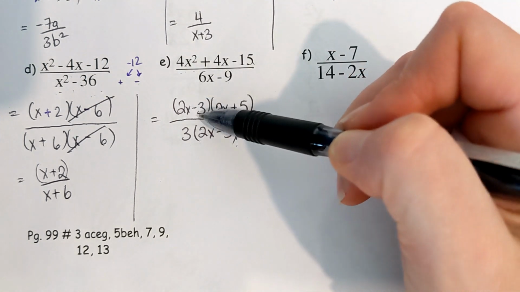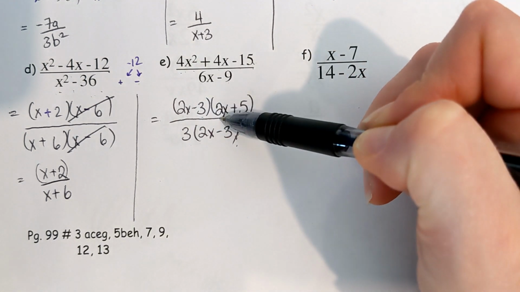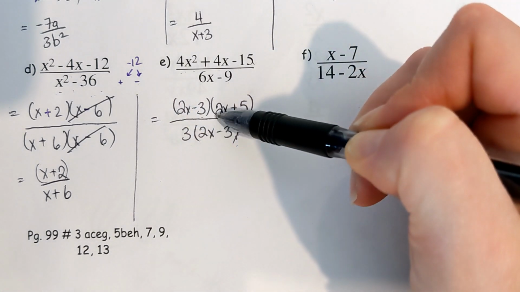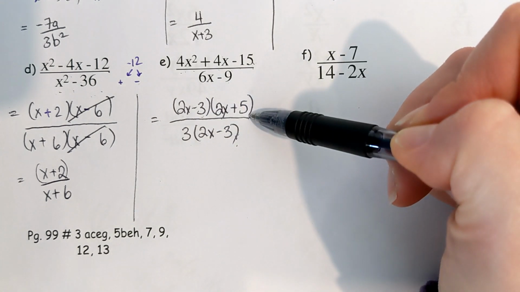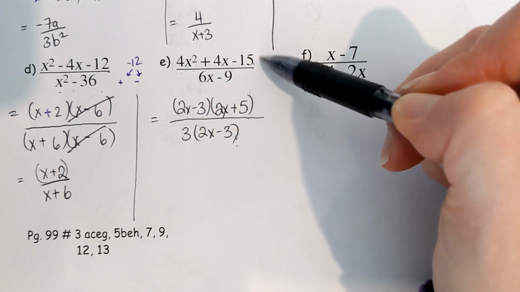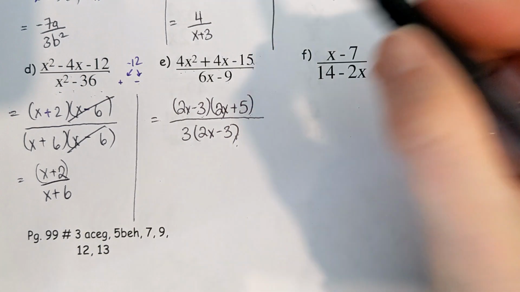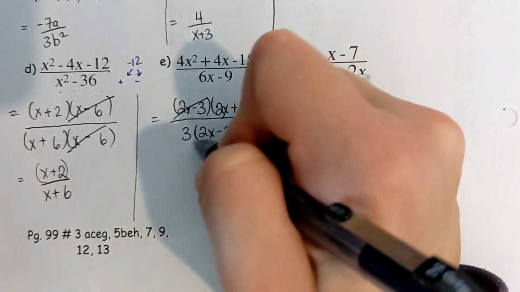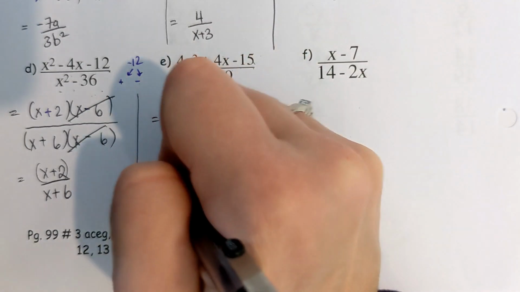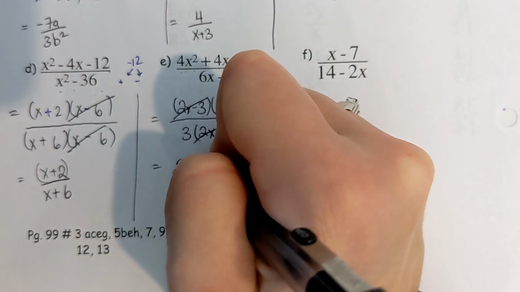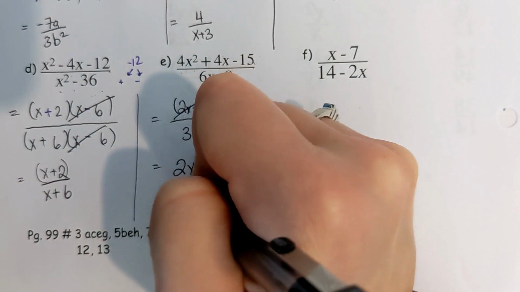I, negative 3 times 2x, that is negative 6. 10 minus 6 is 4. Negative 3 times 5 is negative 15. So this is factored. And I was right, my guess was right, that these guys would be able to be reduced. So now I can just write my final answer, 2x plus 5 over 3.